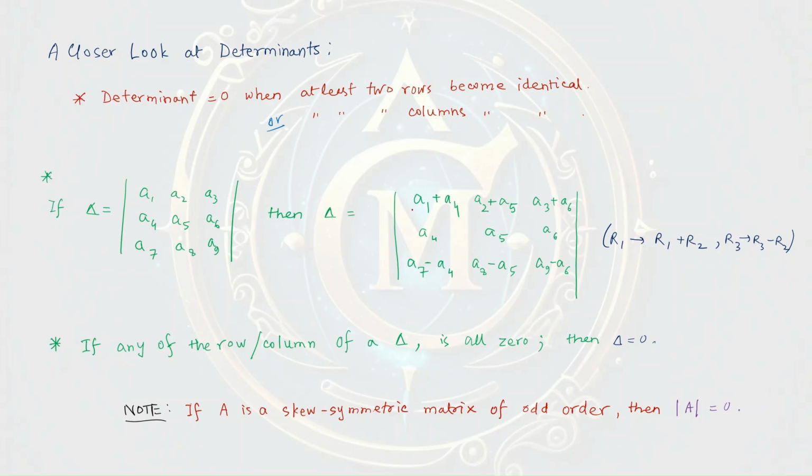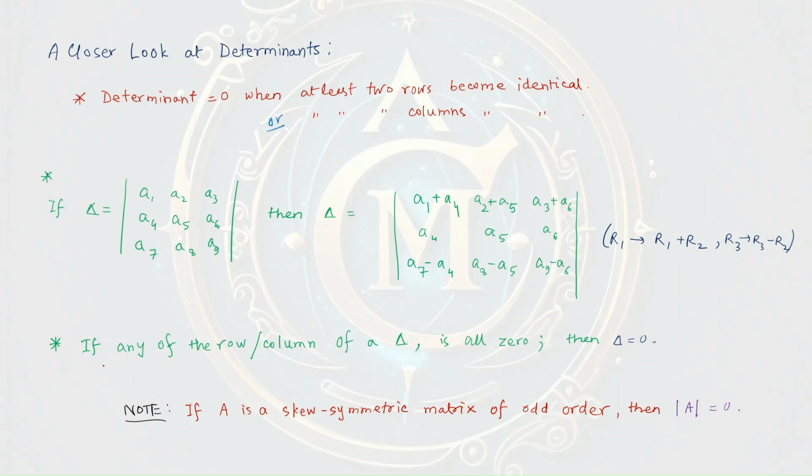So you cannot simultaneously change all the three rows together. And similarly, it is also true for columns. So here in this example, we added this row with second row and subtracted the second row from the third row to get this determinant.